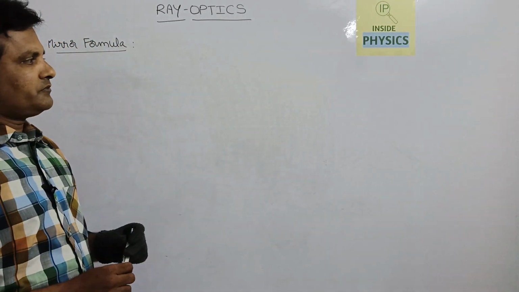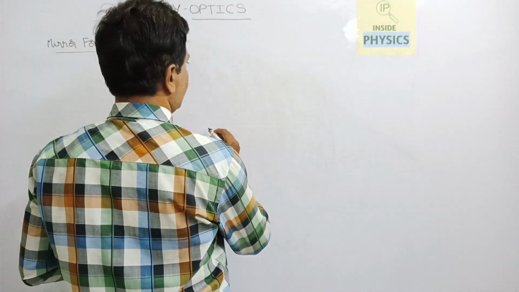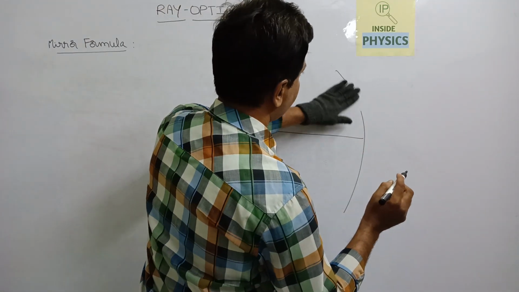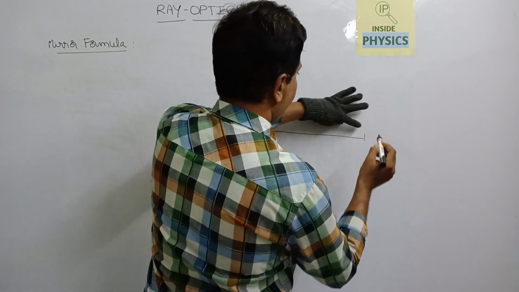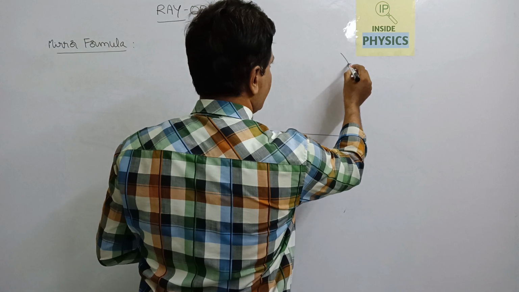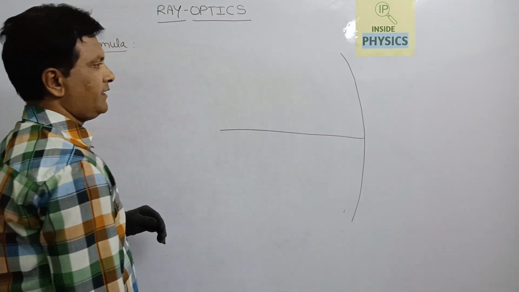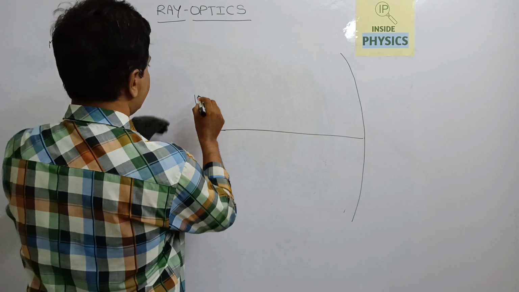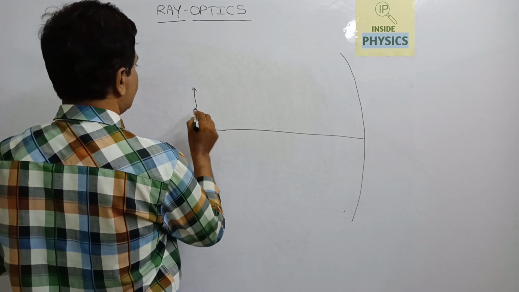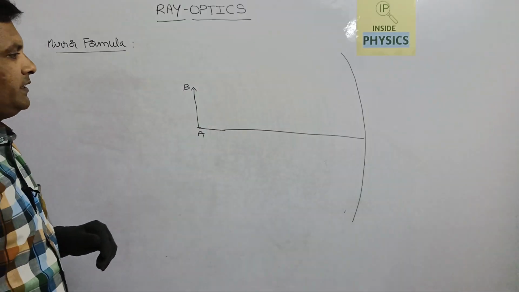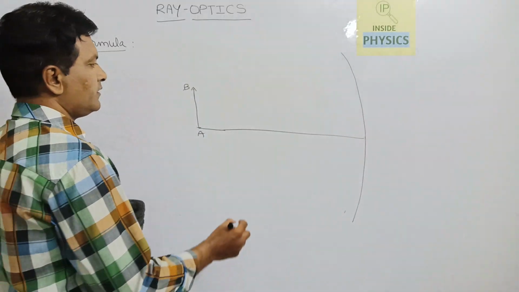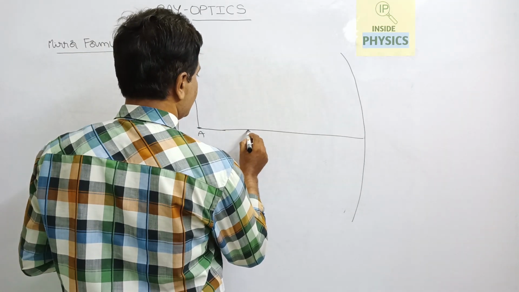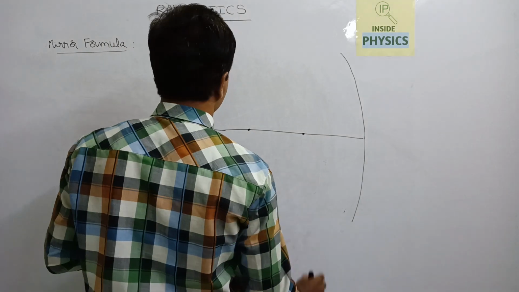And if there is an object put in front of a spherical mirror, the light rays will be coming out of this object. AB is the object, and this is the center of curvature, and this is the focus.